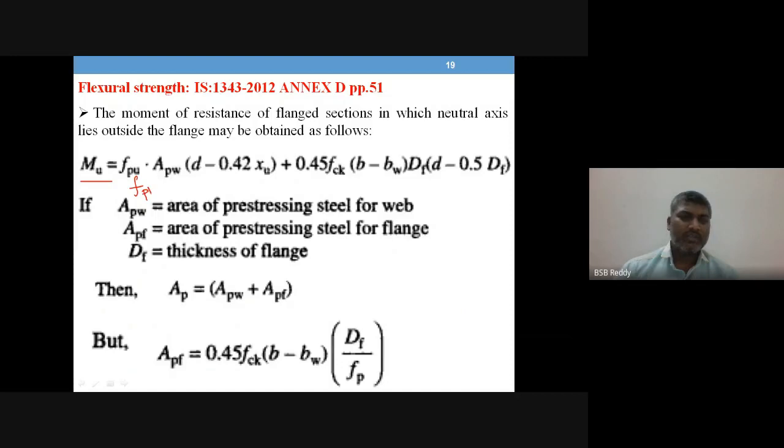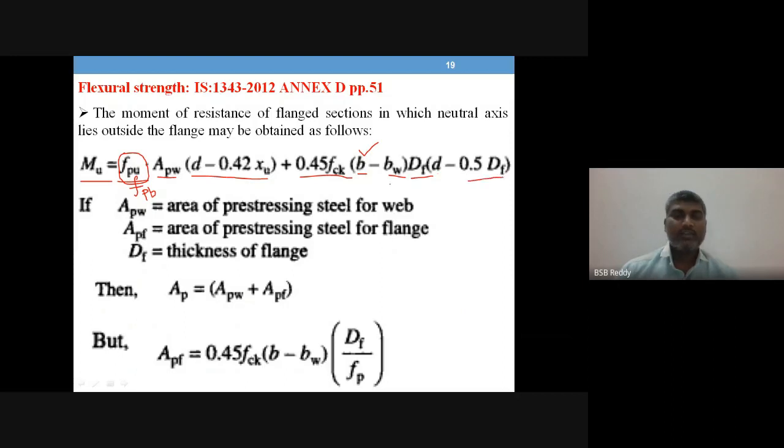To match with the code notation, it is to be understood that FPU is nothing but FPB and the remaining are all the same. APW, D minus 0.42 XU, 0.45 FCK, BW width of the web, depth of the flange, width of the section, overall width of the section.